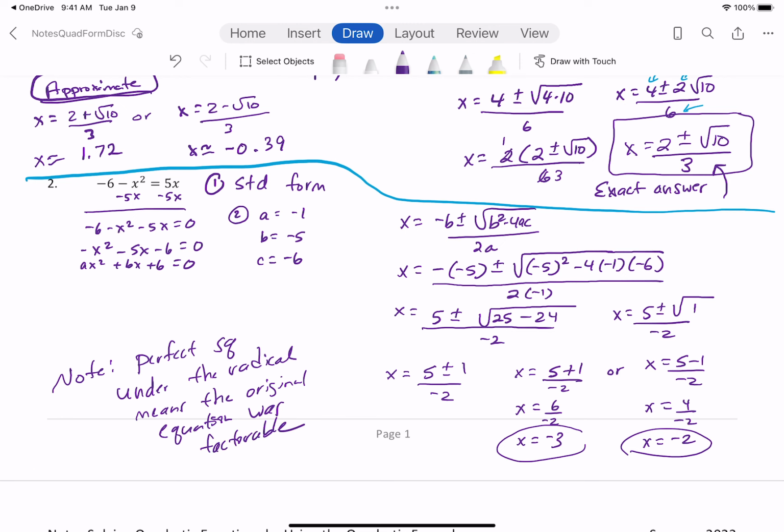We'll talk about that a little more in a little bit. But of course, this question said for us to solve it by using the quadratic formula. So as usual, when we have more than one method, be careful if we're asking for a specific one.